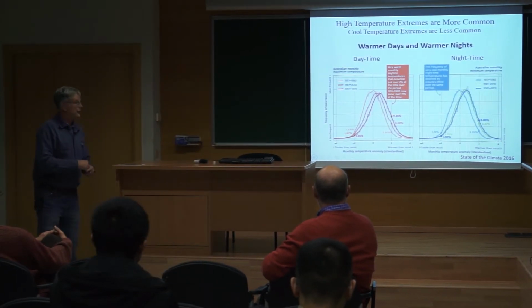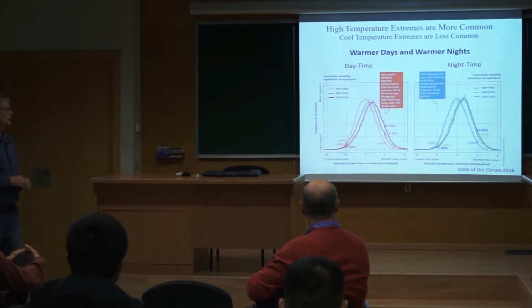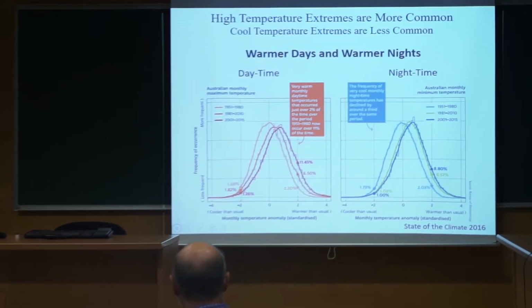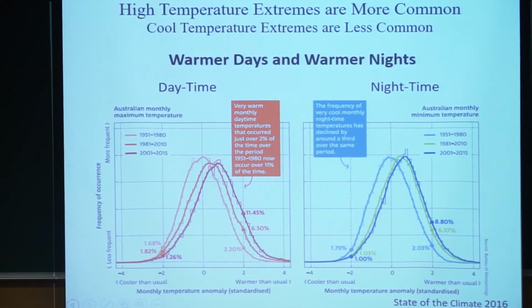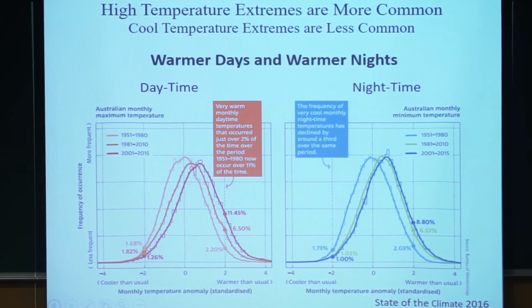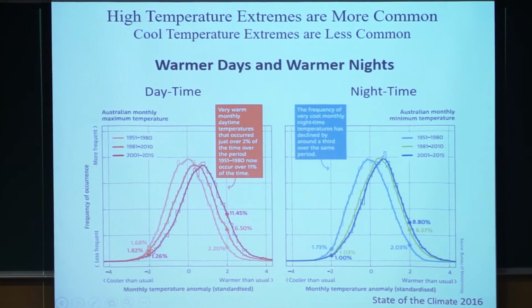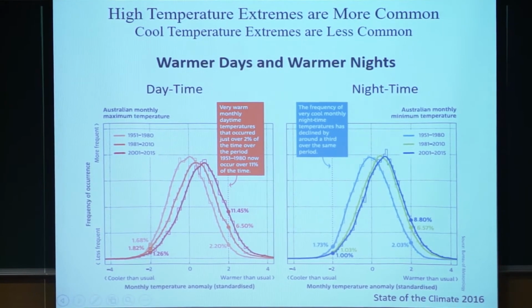What we do see is that high temperature extremes are more common and cool temperatures are less common. If we look at daytime temperatures, at 2 standard deviations, only about 2% of the time were daytime temperatures considered well above average, and now that's risen to about 11.5%.